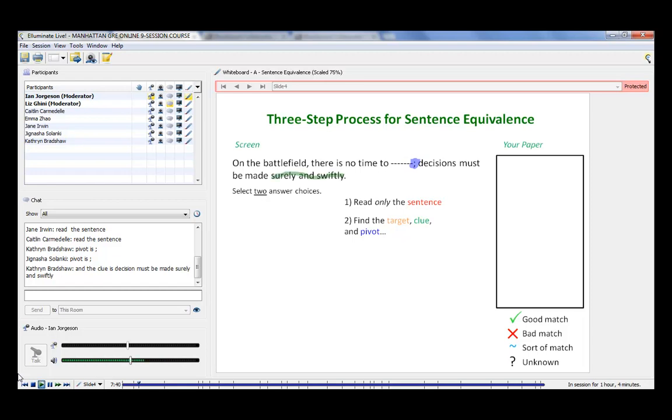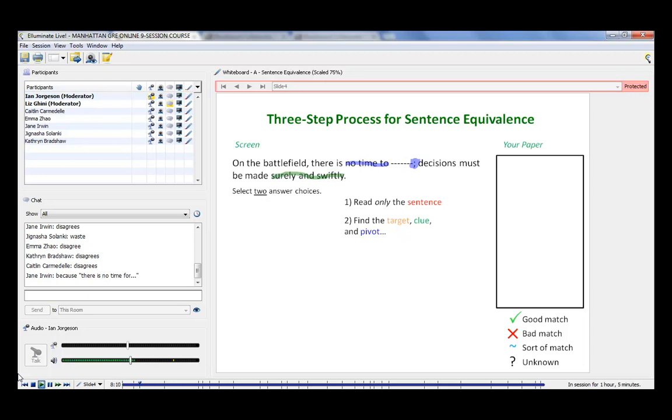So do we think the clue agrees or disagrees with the blank? What do you guys think? Ooh, disagrees. Why disagrees? It's a semicolon, that agrees. Why disagrees? Did we miss a pivot? Ah, Jane's got it. We've also got this idea of no time to.